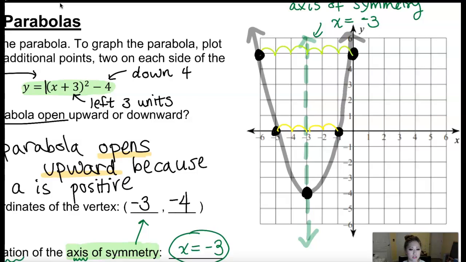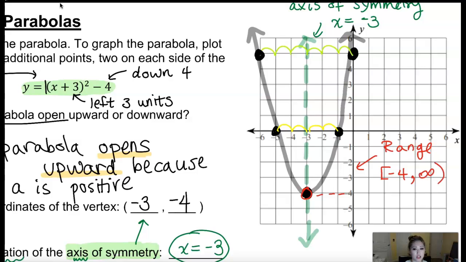And if you look at this, if you're finding the range of it, how low does it go? The lowest point is negative 4, right? I have a square bracket because we have a closed circle at that point. And the next question is, how high does this parabola go? It goes up forever.